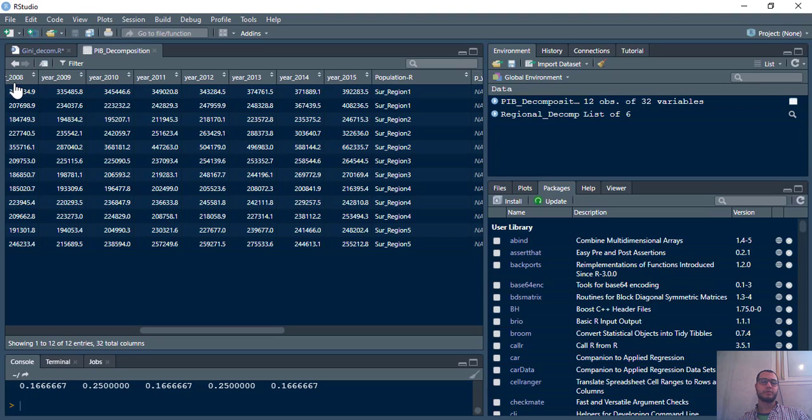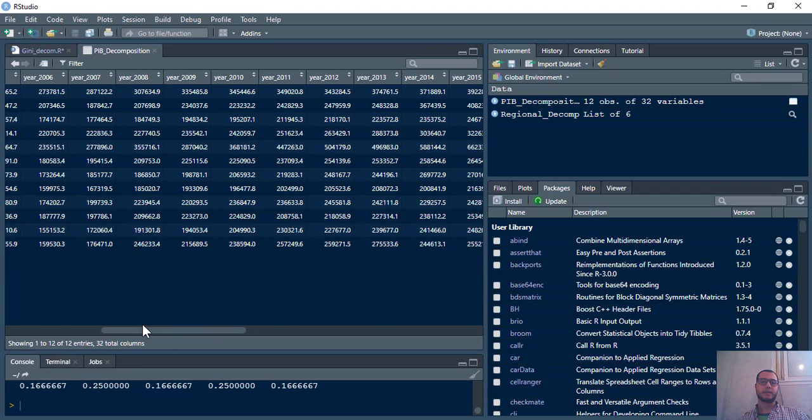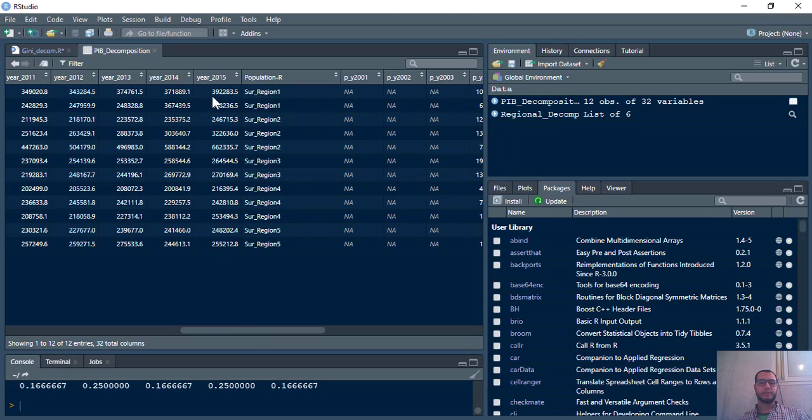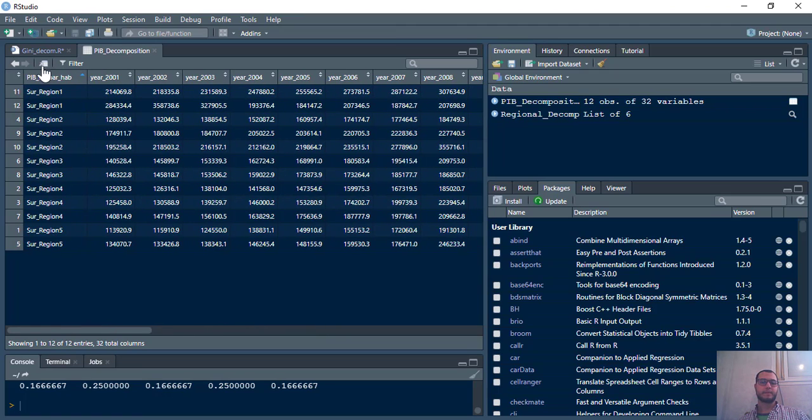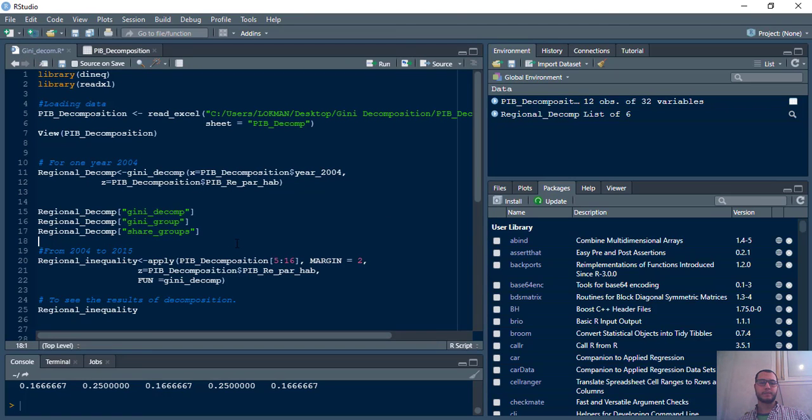So we will apply the function Gini Decompose from 2004 to 2015, column 16. So it's the same as we have here. So we will run this code.